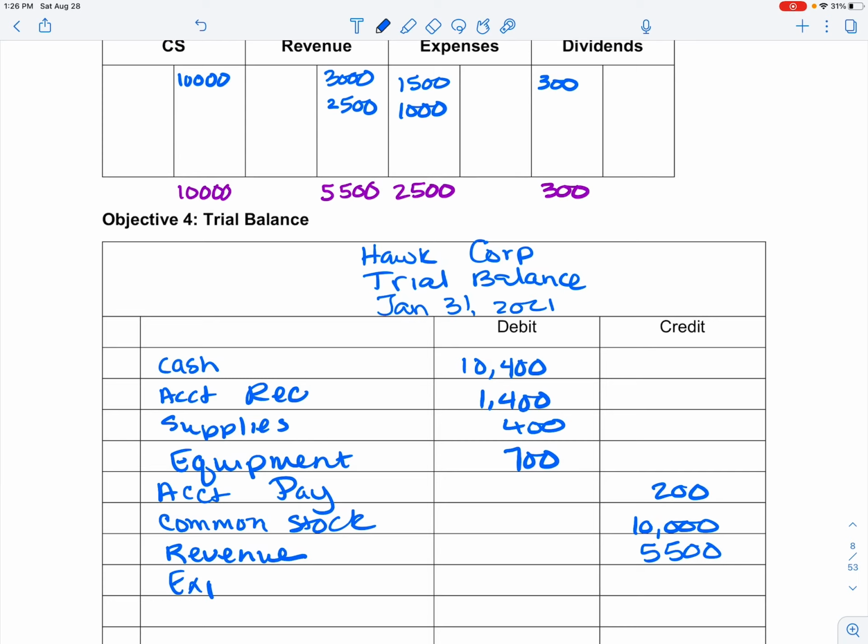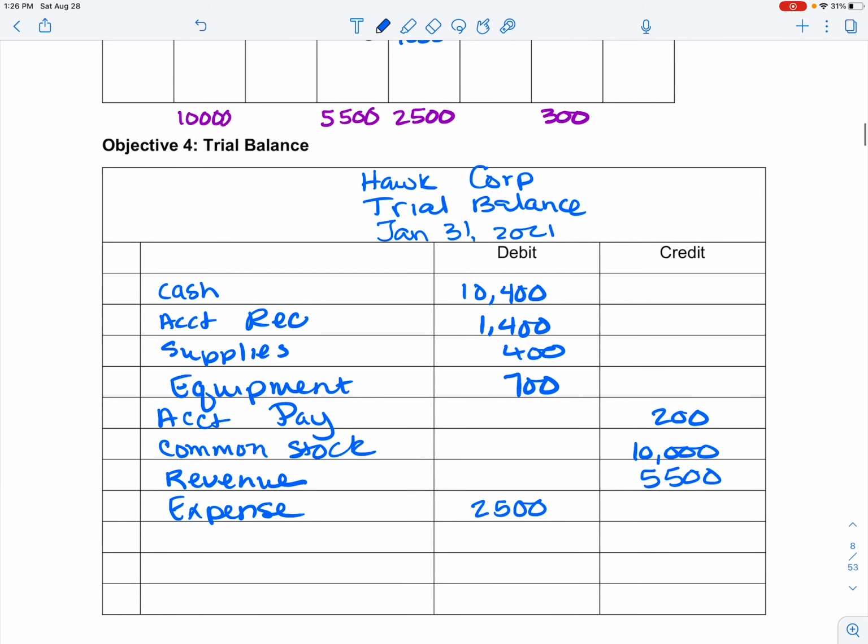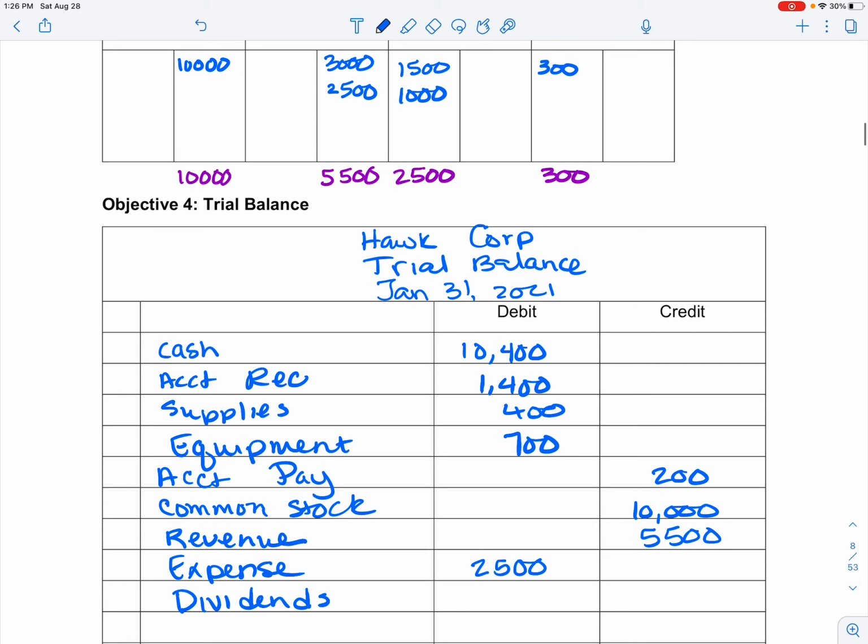I have these expenses here. A debit balance of 2,500. And then I have some dividends, which have a debit balance of 300.